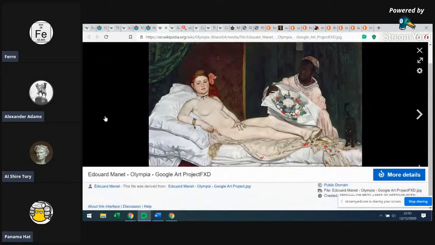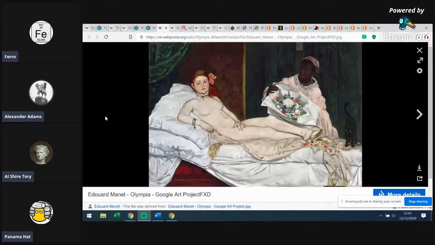So, a famous example. We're talking here obviously about the overlap between politics and art. This was seen as a revolutionary picture when it was exhibited in 1865. This is Manet's painting of Olympia, 1863.